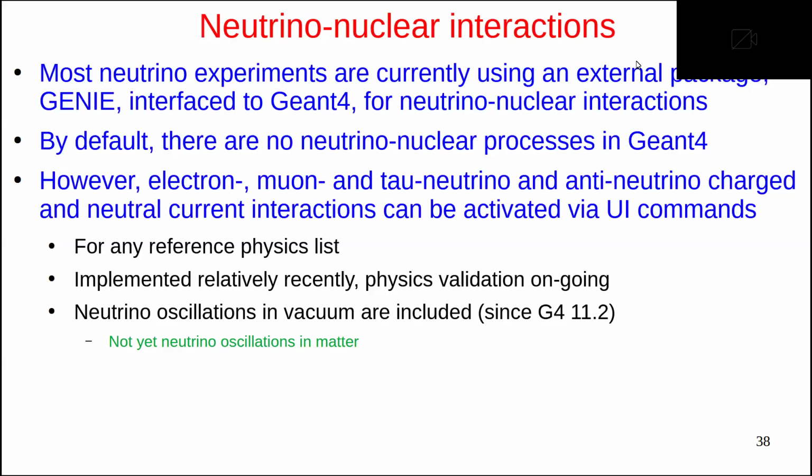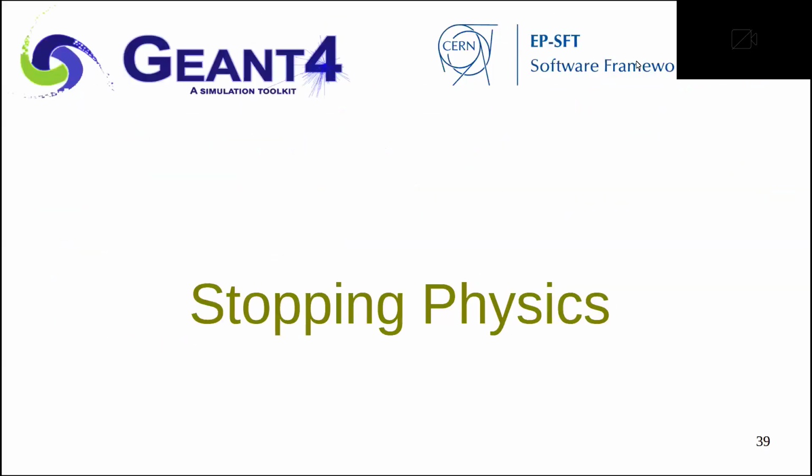However, recently, starting with 11.2, we have introduced the possibility, via UI command, to activate electron neutrino, muon neutrino, and tau neutrino interaction, charged and neutral interaction, on top of any physics list, essentially. They also include the neutrino oscillation in vacuum, not yet in matter. We are working on that.